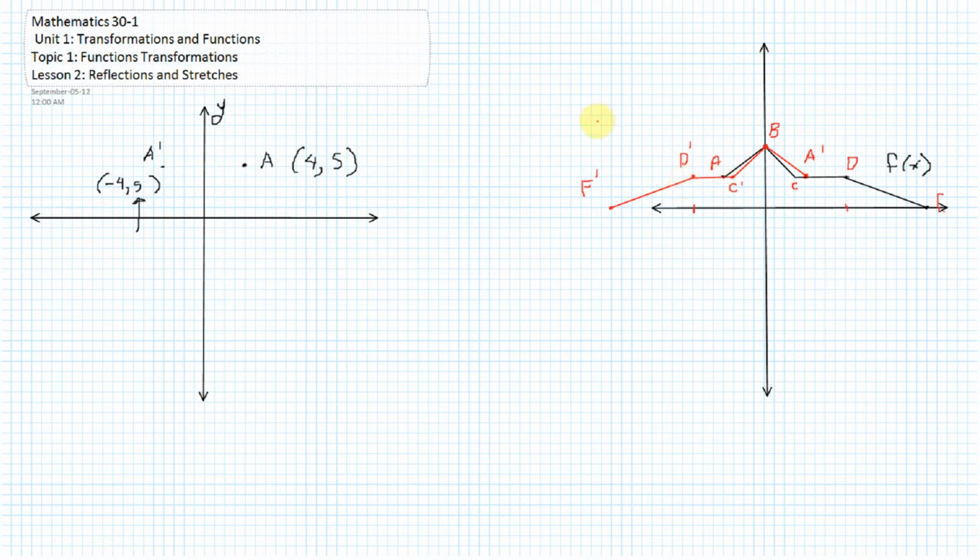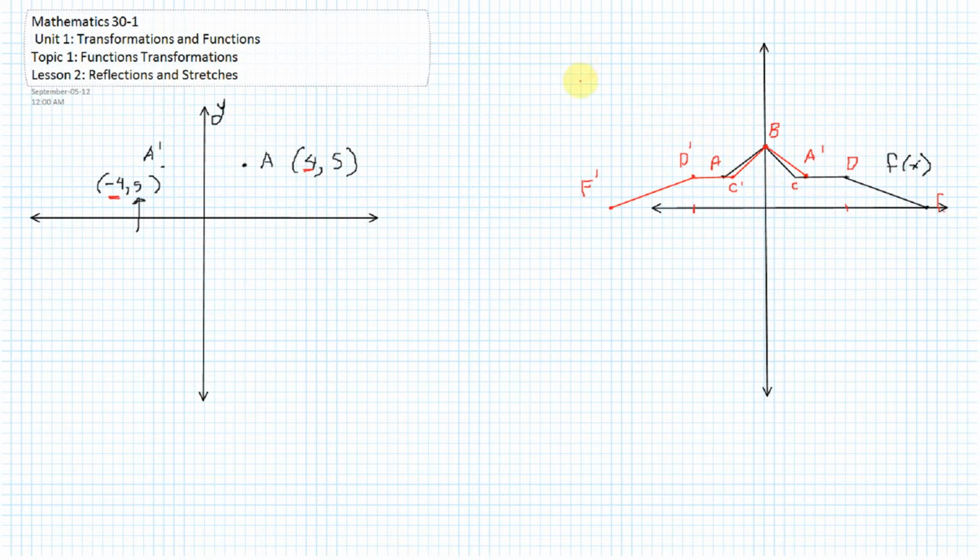And when we're reflecting around the y-axis, notice what's changing is we're going from a positive x here to a negative x, and conversely, if you were negative x, it becomes positive. And so rather than the output changing signs, it's the input.